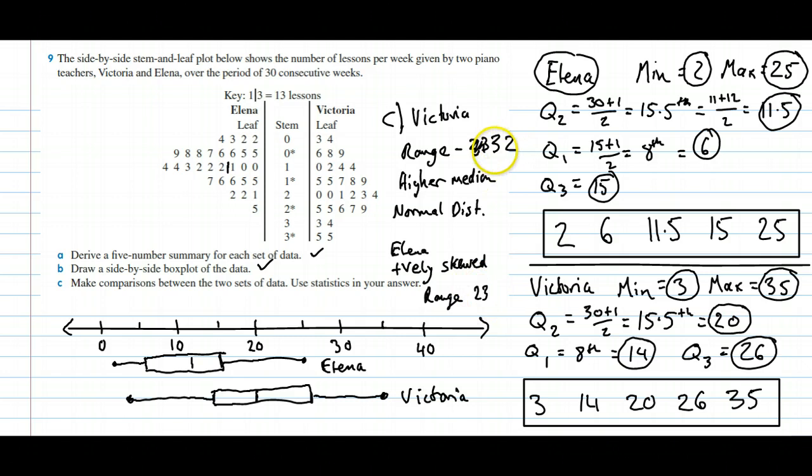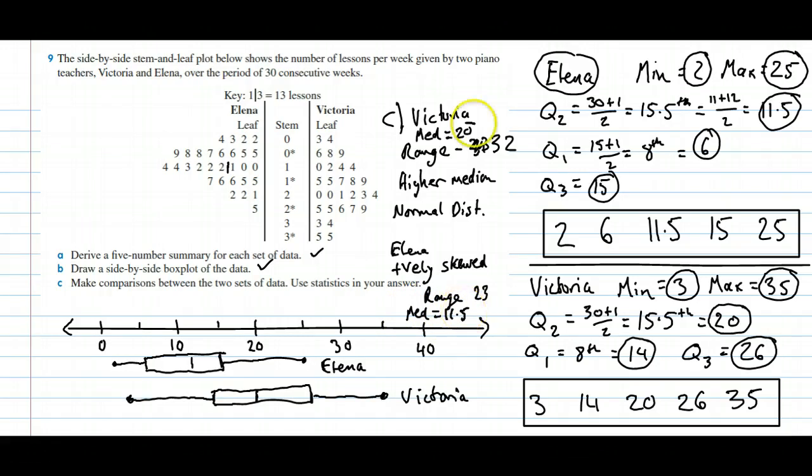So that shows the greater range of Victoria's piano lessons. For the median, the median for Victoria is 20, and for Elena it was a lot less, only 11.5.